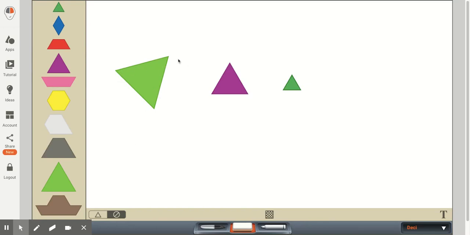Just because the top angle isn't oriented towards the top, it doesn't mean that it's no longer a triangle. And some first graders have difficulty understanding this, so we want to make sure that the first graders understand that orientation or the direction that a shape is turned doesn't matter. This would still be called a triangle.